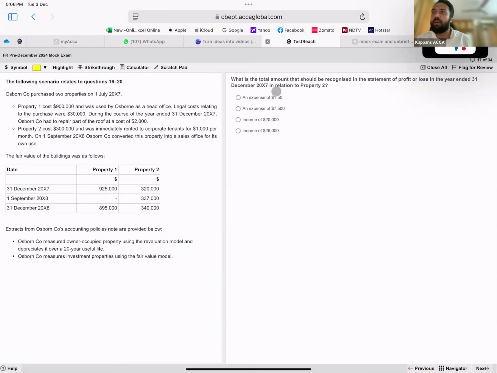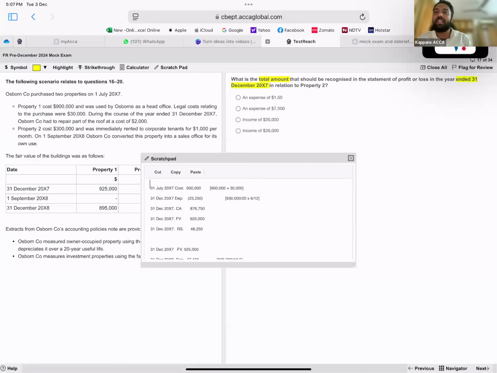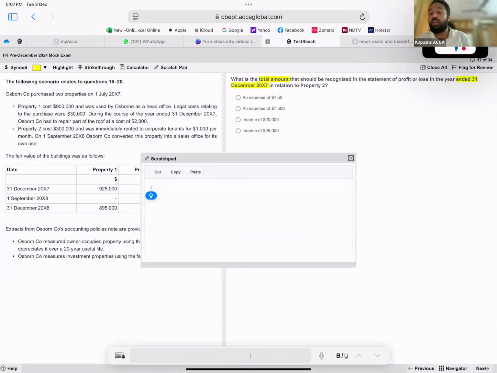What is the total amount that should be recognized in the statement of profit or loss for the year ended 31st December X7 in respect of property 2? Remember, a total means there are at least two items, so you have to identify at least two items to be recognized in P&L.